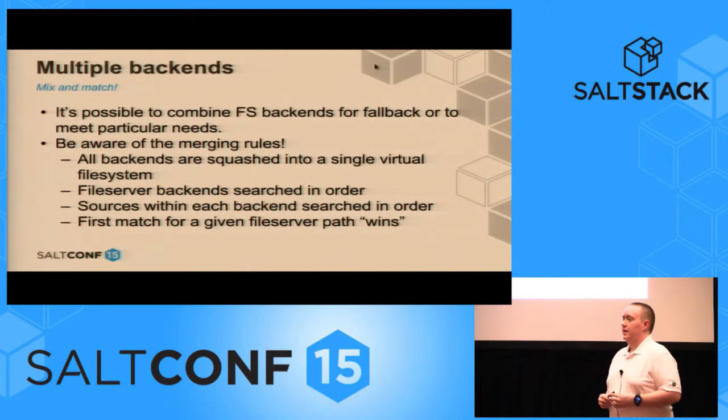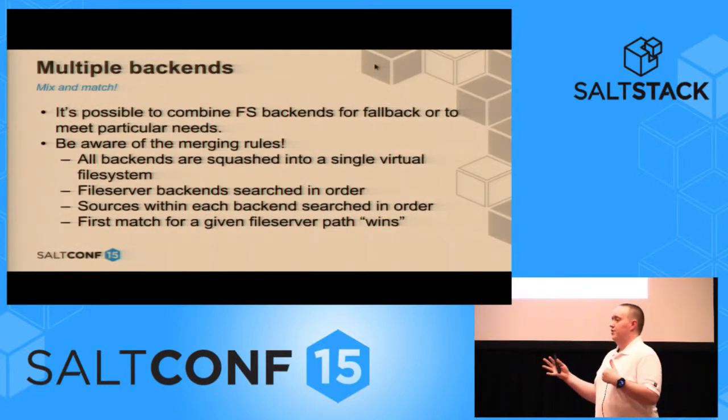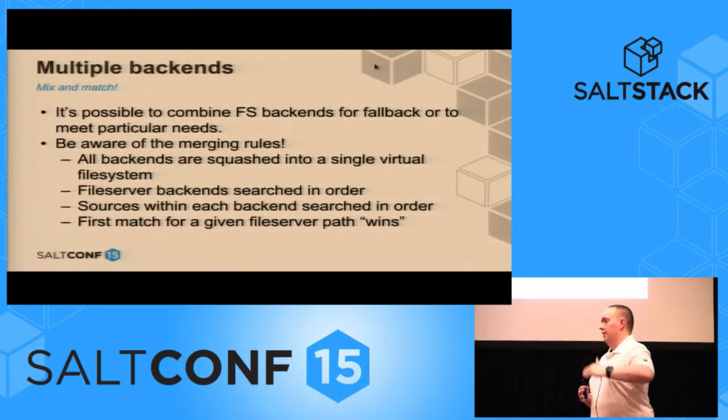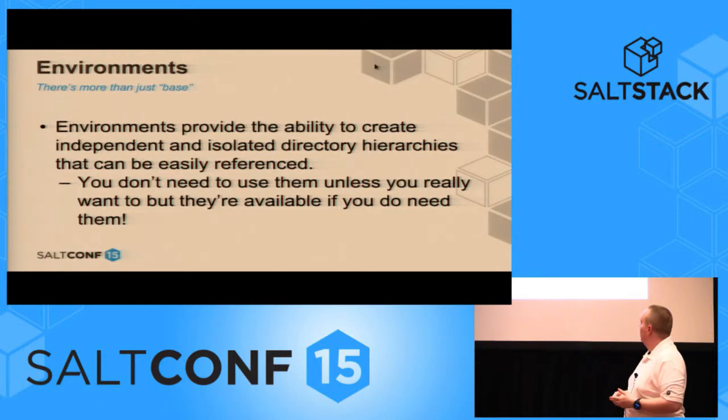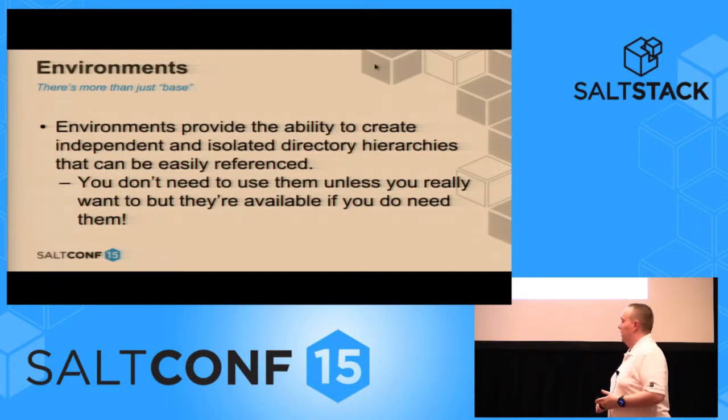Let's say I also had a foo.txt in the root of my roots file server, and that was above the Git file server in my file server backend list. Then it wouldn't even look in Git. It would grab it out of roots. That's the gist of the file server file path merging.